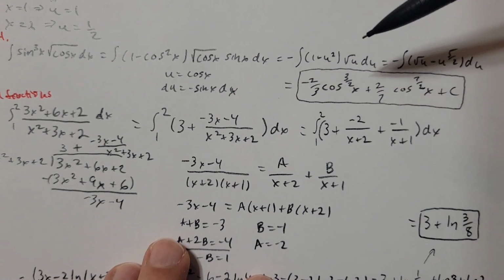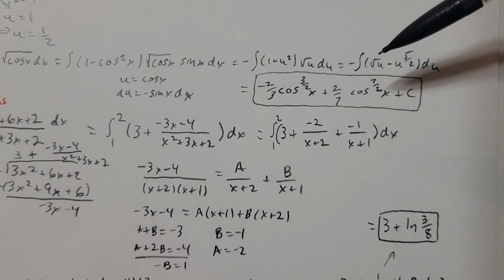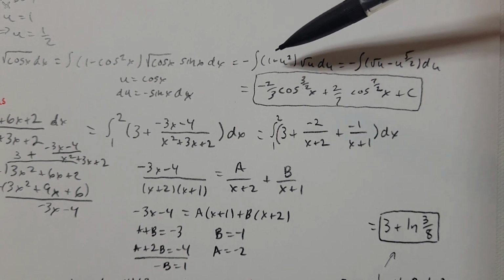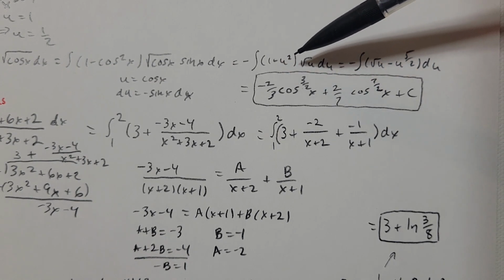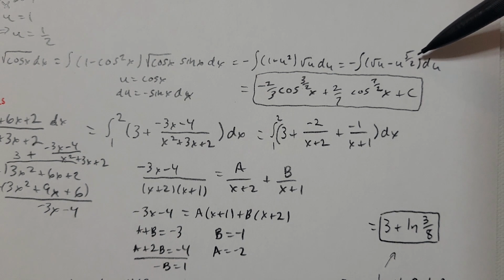Okay. When I distribute the square root of u into these two terms here, I get negative the integral of the square root of u minus u squared times u to the 1/2. Let's keep the base and add the powers. That'd be u to the 5/2 du.